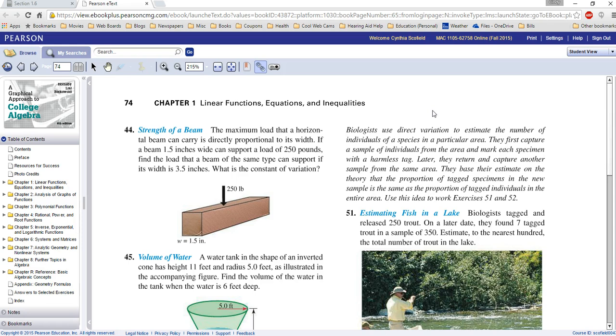So we need to use that scenario to help us find our constant of variation. Then once we know our constant of variation, we can then find the load that a beam of the same type can support if its width is 3.5 inches. So we have two questions we really have to answer here: finding the load and finding the constant of variation.